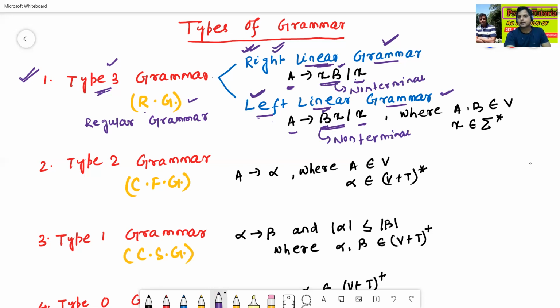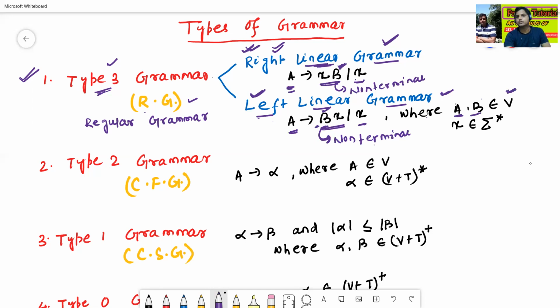But in the right linear grammar, the rightmost part is non-terminal. Here A and B are called variables.